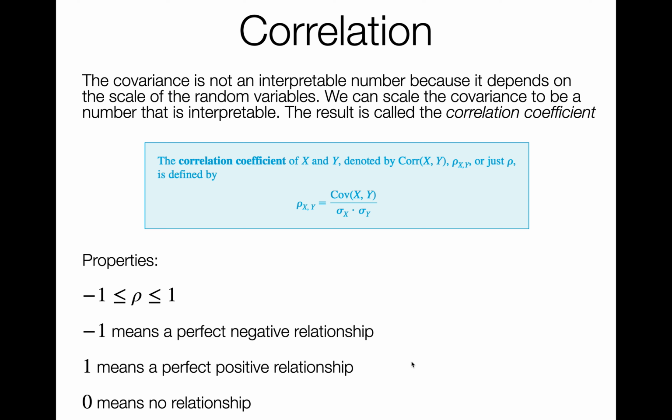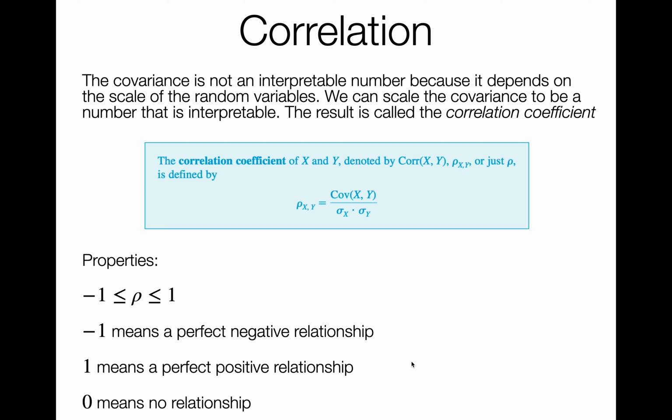So covariance is not interpretable, at least the magnitude isn't, because it depends on the scale of the random variables, is what I've been saying. We can scale the covariance to be a number that is interpretable. And so scaling means we're just going to divide it here. In a sense, we're dividing it by the standard deviation of both variables, but we're getting it down to the same level.